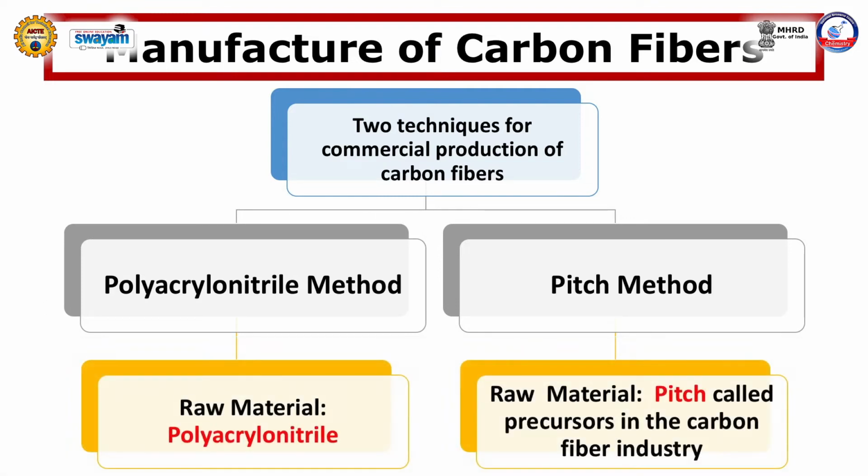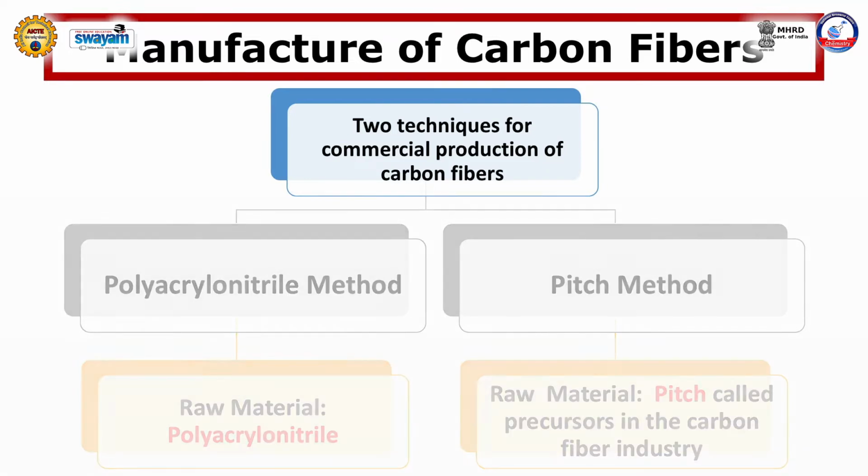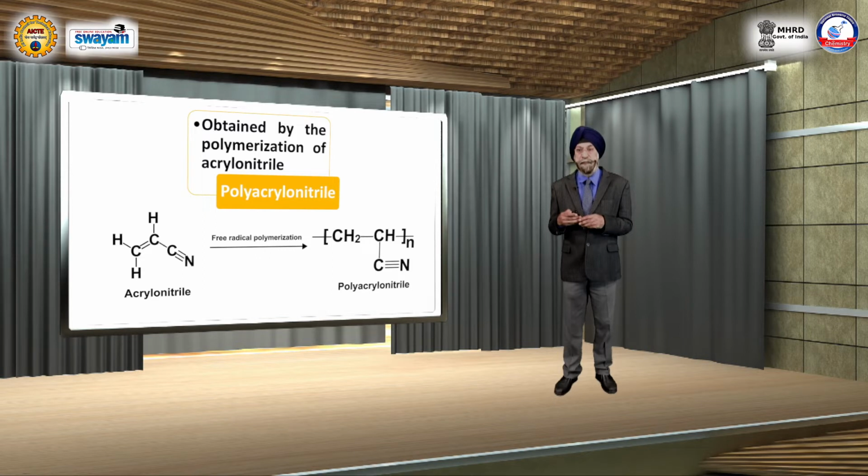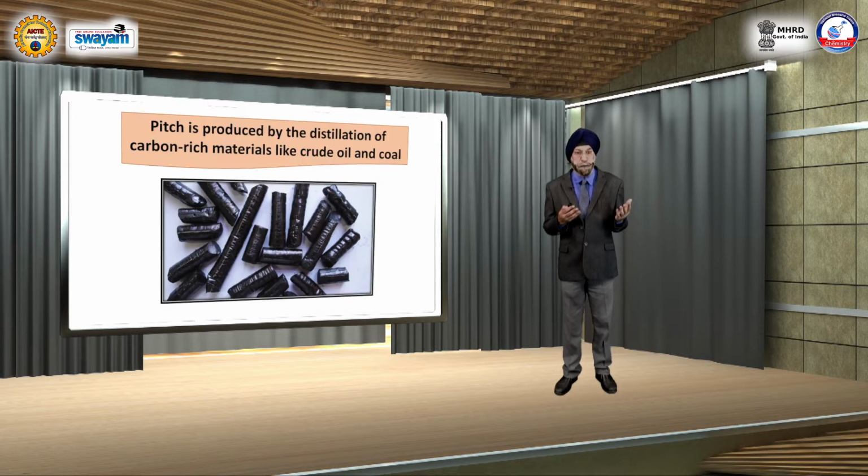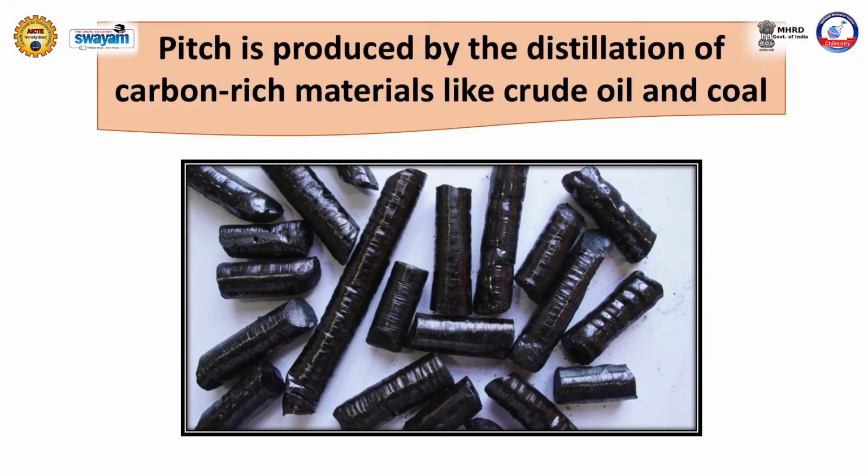The raw materials required in these methods, polyacrylonitrile in the former and pitch in the latter, are called precursors in the carbon fiber industry. Polyacrylonitrile is obtained by polymerization of acrylonitrile, while pitch is produced by the distillation of carbon-rich materials like crude oil and coal.